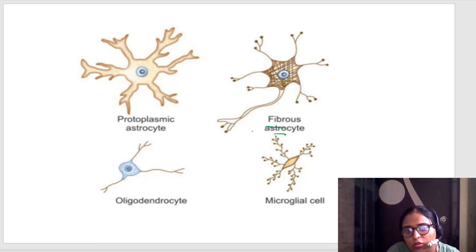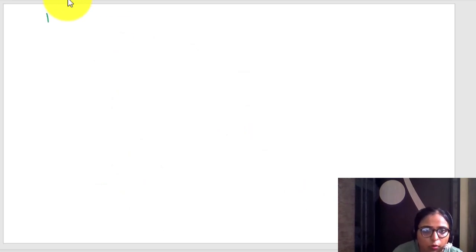Now we have seen the function of it also. You can see the diagram. Let's proceed to the next. Now we will talk about the microglial cell. See the picture of it, right? See, now we will talk about the microglial cells.